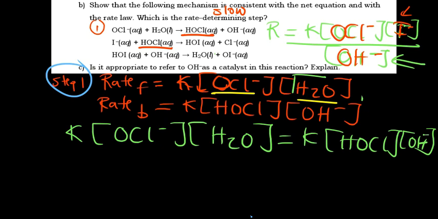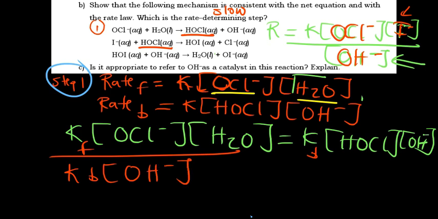What do we end up with? So this is forward, that is backward. So divide by k backward and then hydroxide. So on the left, on the right, those ones will divide. So HOCl becomes the subject in that one.